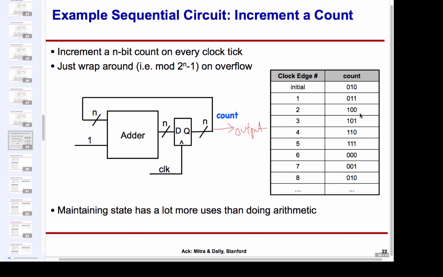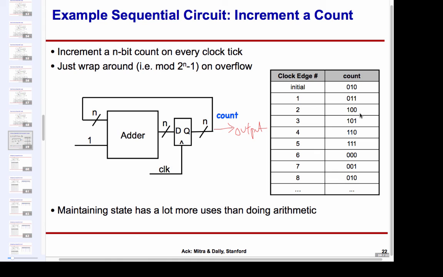Besides keeping count of stuff, there are other things I can do. Let's say I don't want to count up on every clock tick. I only want to count up on those clock ticks where my entry sensor on the parking lot was saying there was a car at the entry.